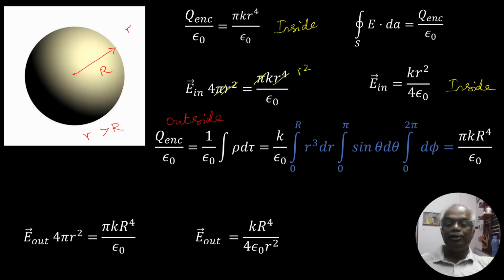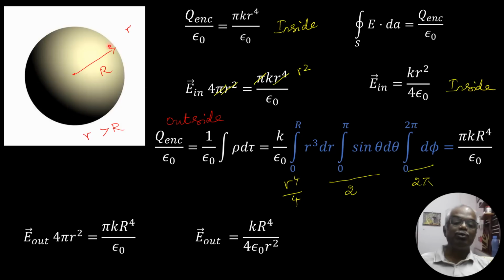Then you know this integral is 2, the third integral is 2 pi. Exactly the same method. This will become r power 4 over 4. Only thing is this limit is capital R, not small r, because we are considering the entire sphere.